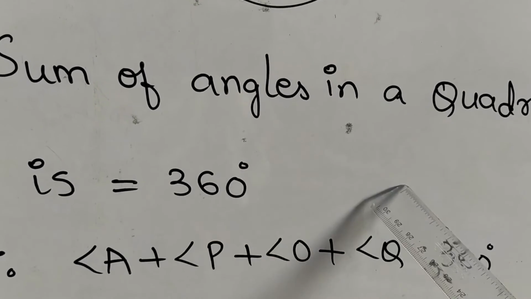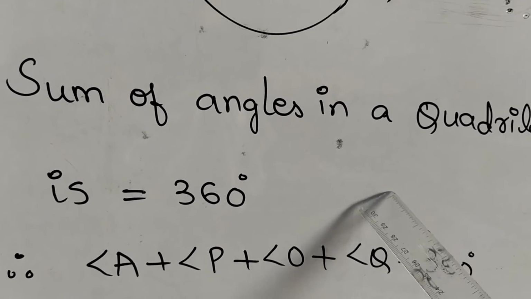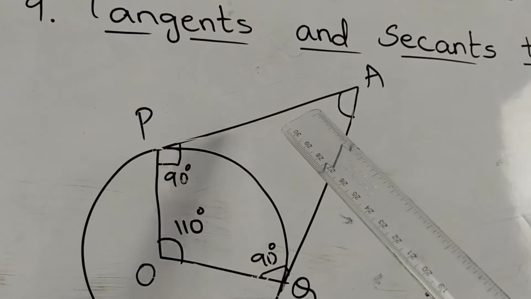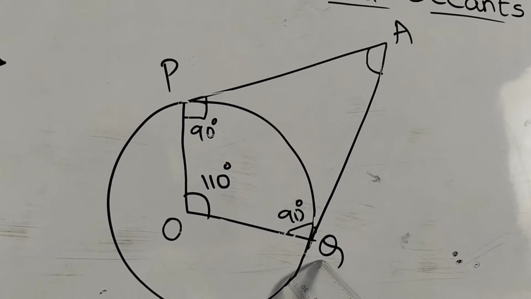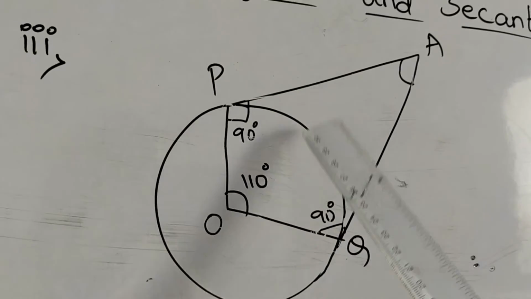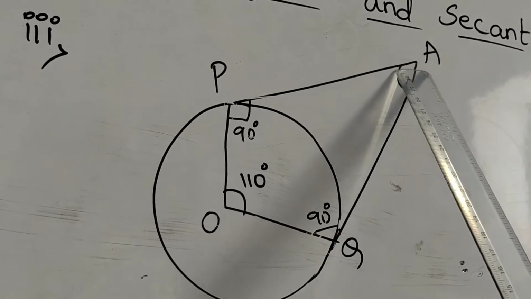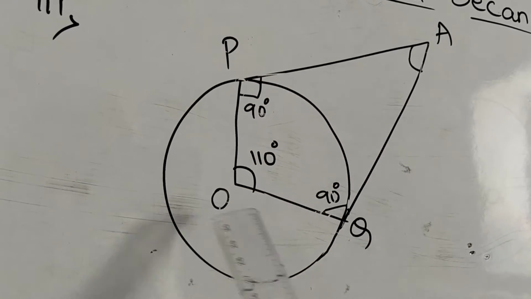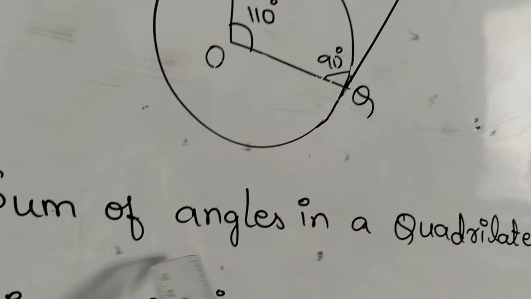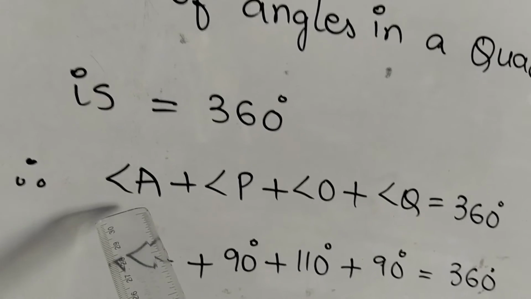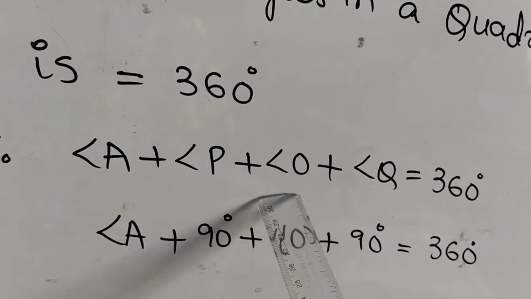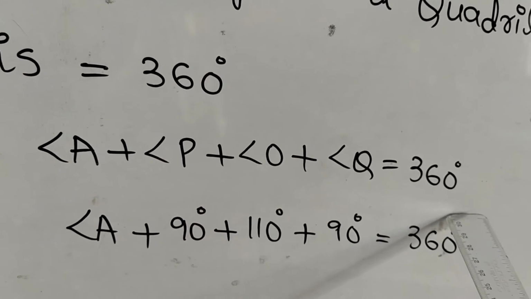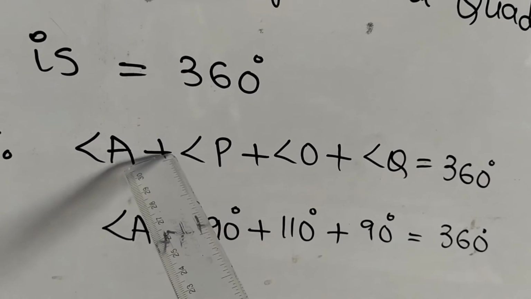By using this law we are finding the angle A, that is this angle PAQ. So what are the angles in this quadrilateral, students? Those are angle A, angle P, angle O and angle Q. Hence we can write the sum of angles, nothing but angle A plus angle P plus angle O plus angle Q equals 360 degrees.